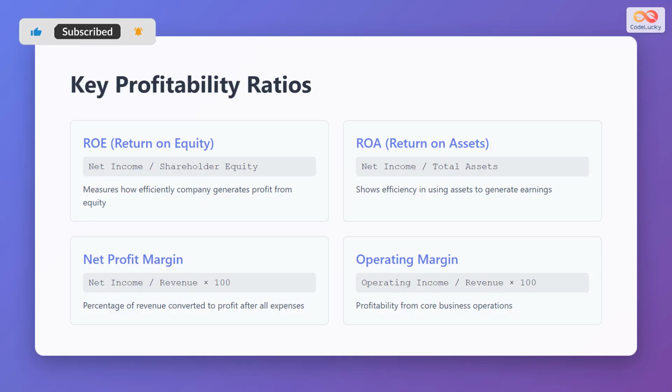Net profit margin is net income divided by revenue multiplied by 100, representing the percentage of revenue converted to profit after all expenses. Operating margin is operating income divided by revenue multiplied by 100, indicating profitability from core business operations before interest and taxes.